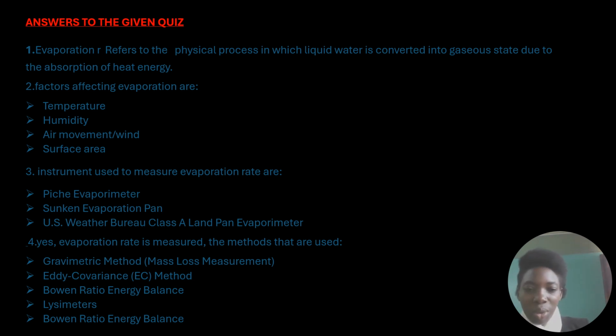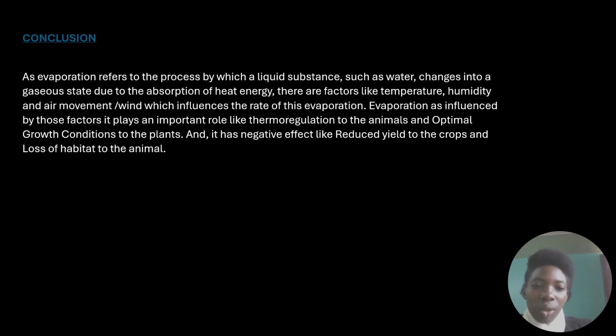Yes, of course it can, and the methods that can be used are the gravimetric method, eddy covariance, Bowen ratio energy balance, and Reynolds. In conclusion, evaporation has many impacts, positive and negative: positively it can increase the yield of crops, and negatively it causes the destruction of habitat.